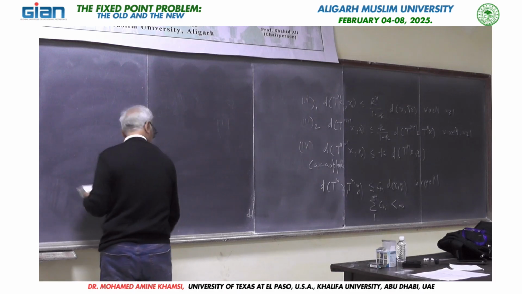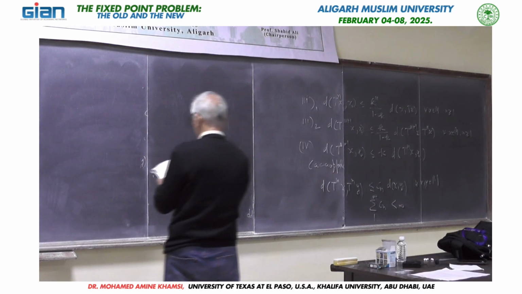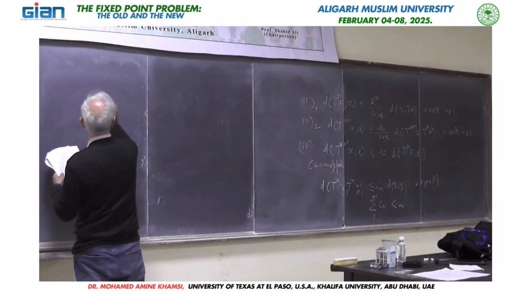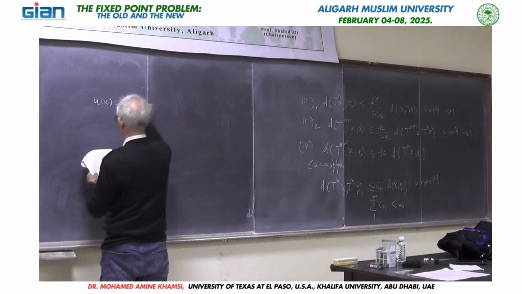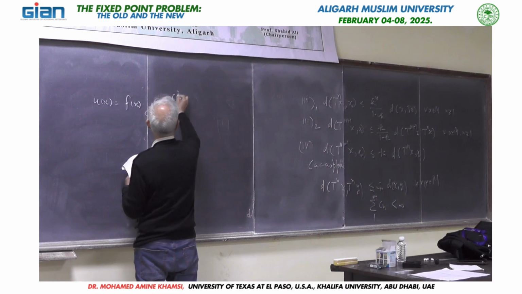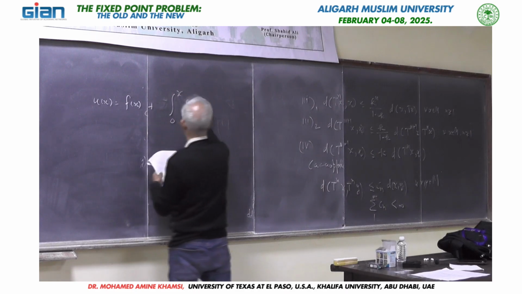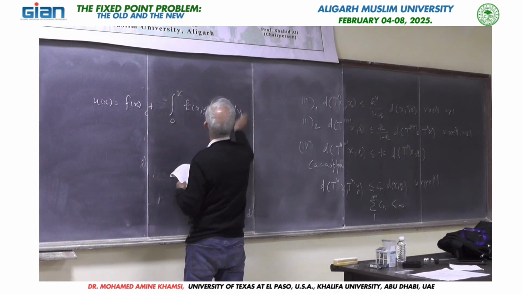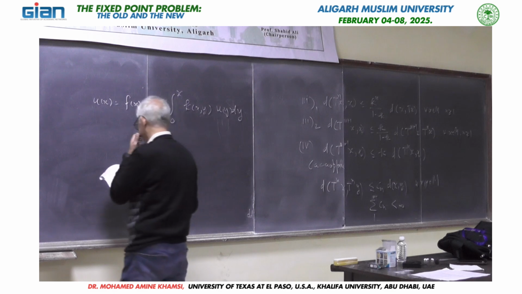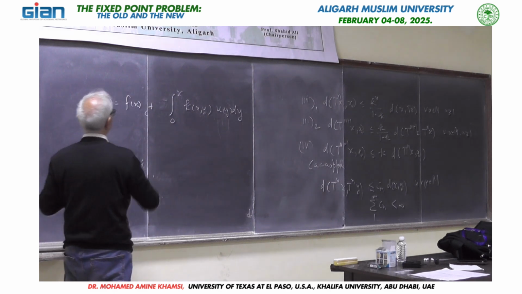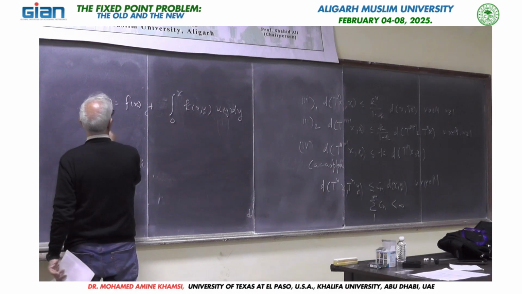So, if you consider this Volterra integral equation, u(x) equal to f(x) plus lambda, and at the moment you can merge lambda in this kernel, integral 0 to x k(x, y) u(y) dy. There is a very standard procedure: you define the iterates like this.